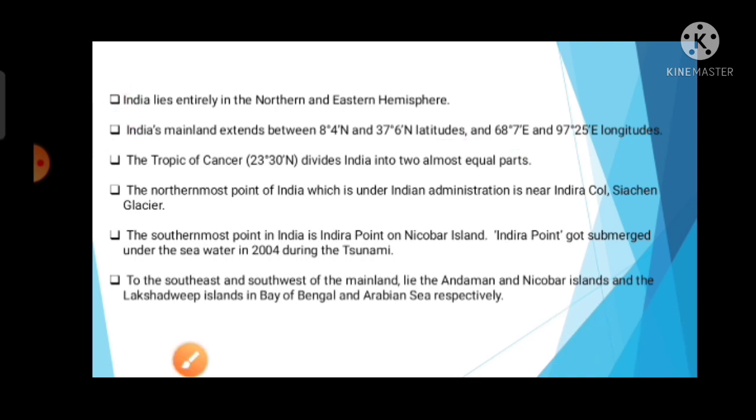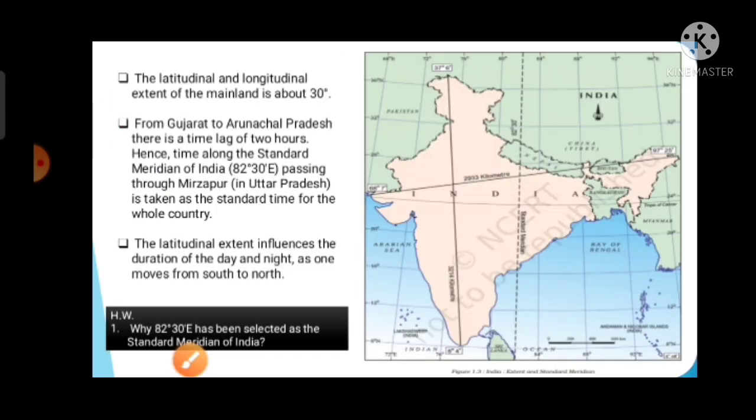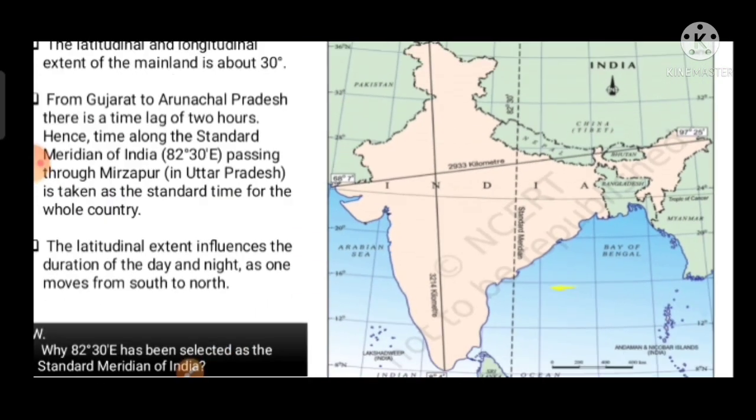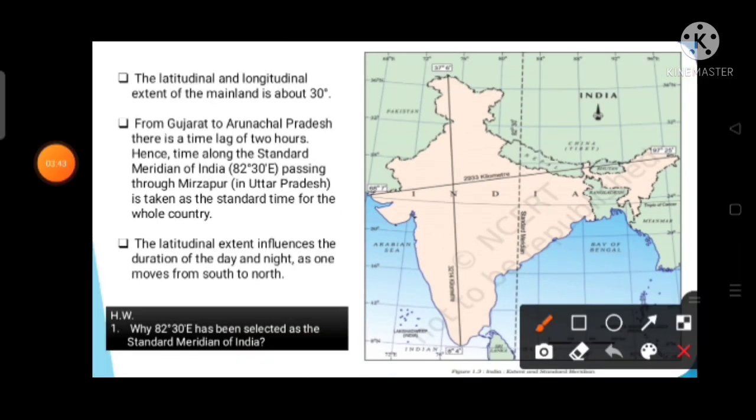As we can see in the diagram, this is the picture. Here is the latitudes given, 8 degree 4 minute north latitudes to 37 degree 6 minute north latitudes.